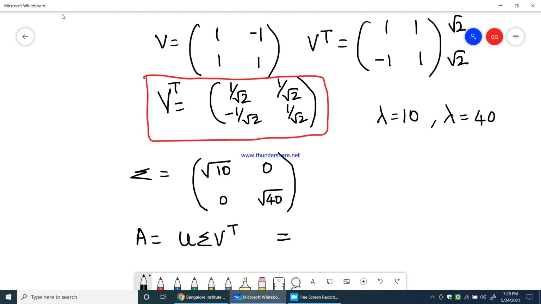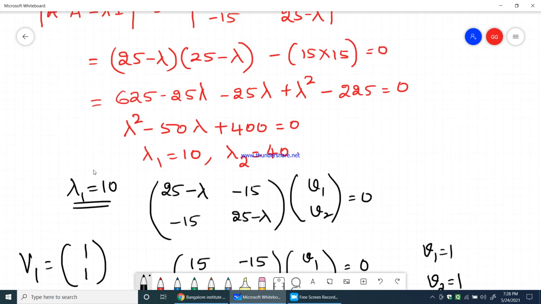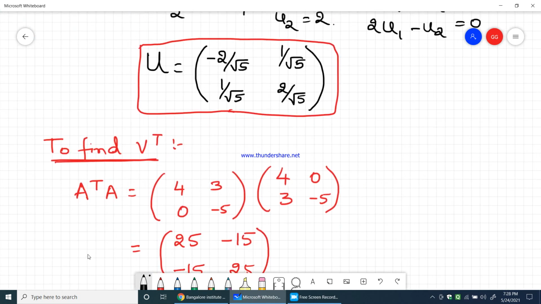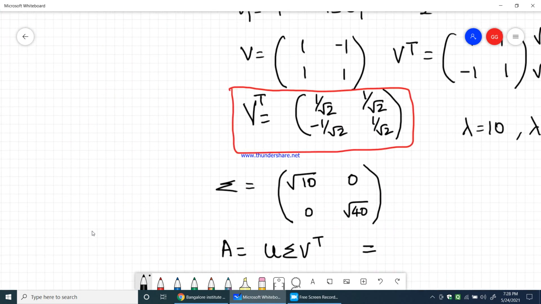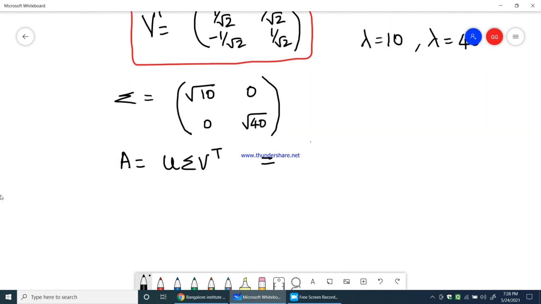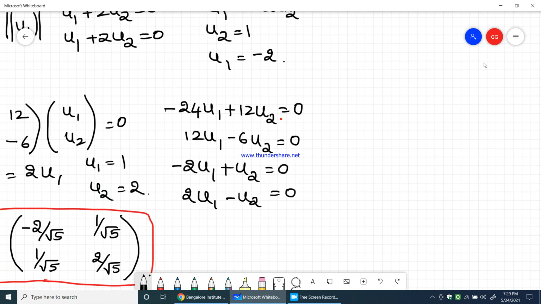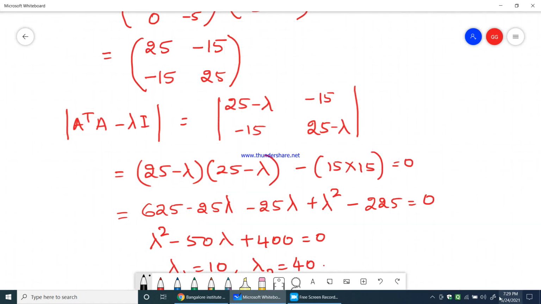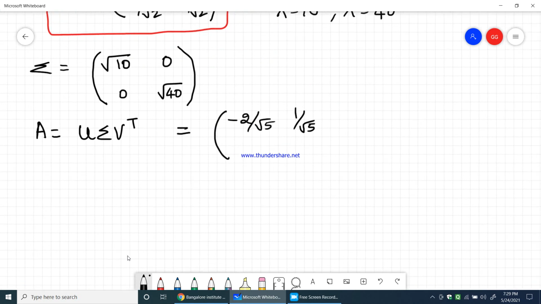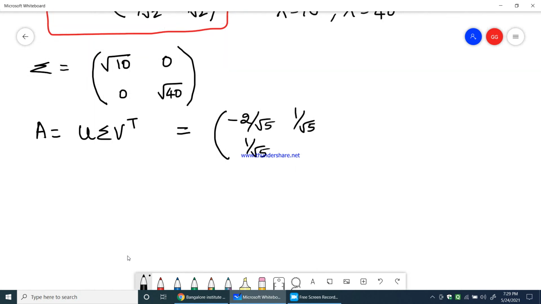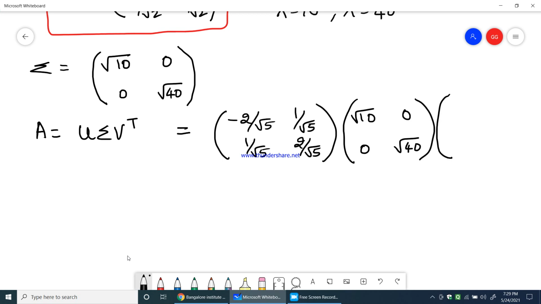So which is equal to u, we have solved already for u: minus 2 by root 5, 1 by root 5, and then the second row is 1 by root 5, 2 by root 5, multiplied by sigma, which is square root of 10, 0, 0, square root of 40, and this will be multiplied by v transpose.